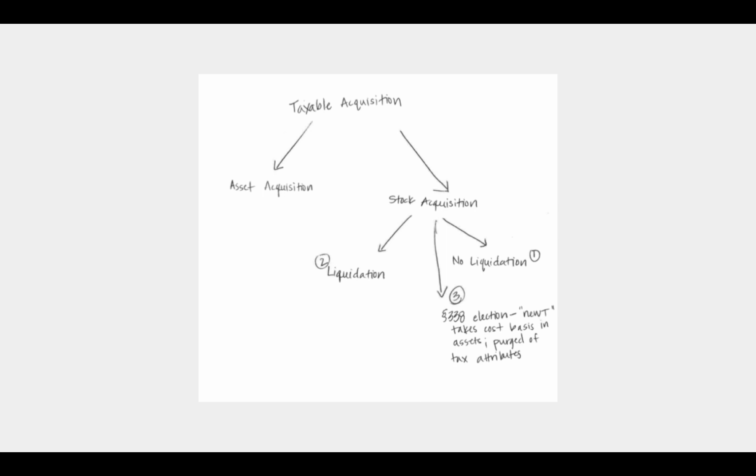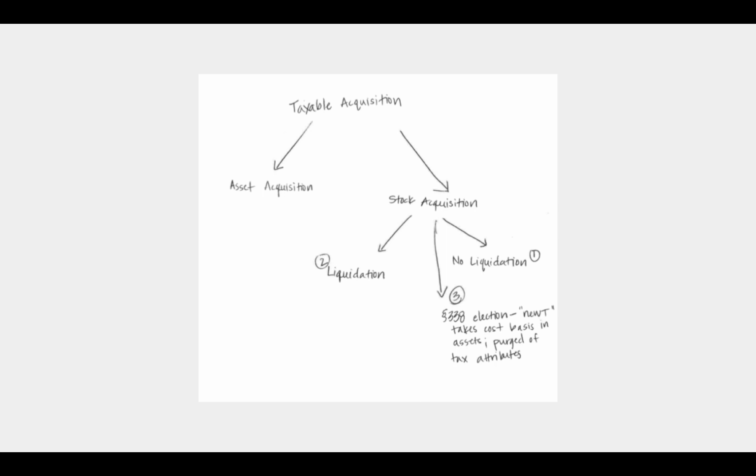So, when you buy an asset, what you pay for it becomes its basis. If I buy stock, so if I buy all the stock of Target Corporation, the assets inside Target Corporation retain their cost basis. They don't get a step up in basis.